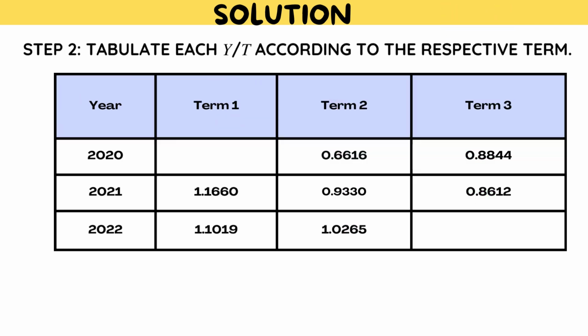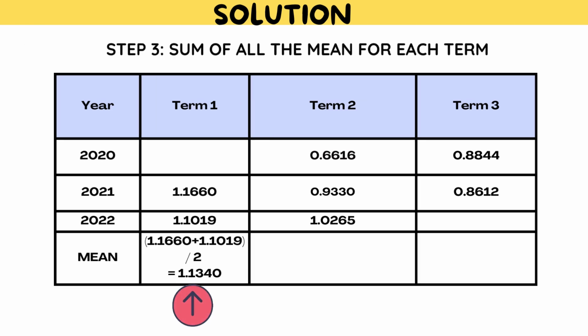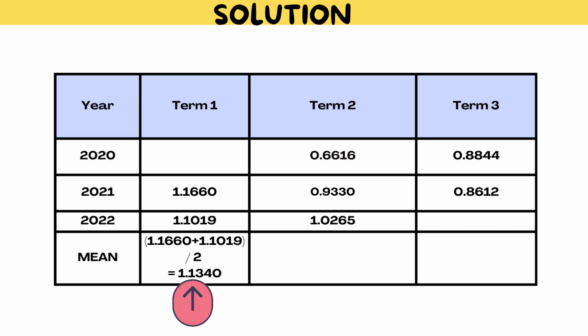Next, step 2. Tabulate each Y over T according to the respective term as shown in the table on the screen. Step 3. Sum up all the means for each term. Look at your term 1. You have two values there, 1.1660 and 1.1019. Sum up these two values and then divide by 2. The answer is 1.1340.